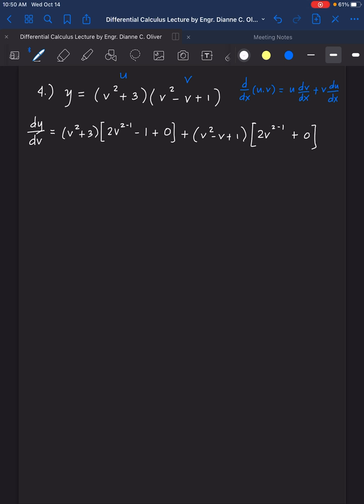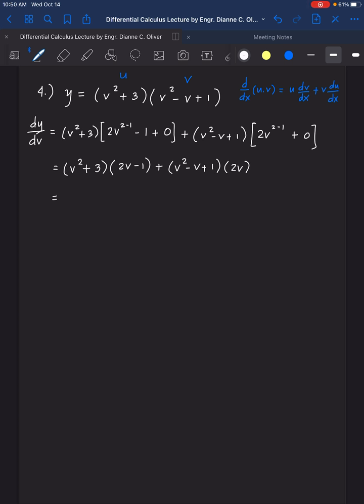Okay, then simplify. b squared plus 3 times 2b minus 1 plus b squared minus b plus 1 times 2b plus 0. Okay, distribute.